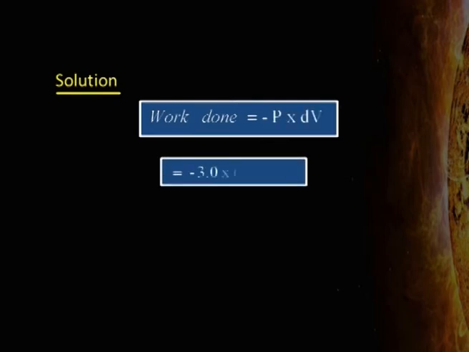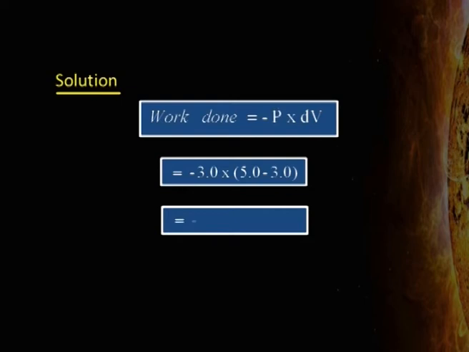As the expansion is against a constant external pressure, hence this is an irreversible process. Therefore, W will be equal to minus P dV. Therefore, W is equal to minus 3 multiplied by (5 minus 3.0), which is equal to minus 6 liter atmospheres.